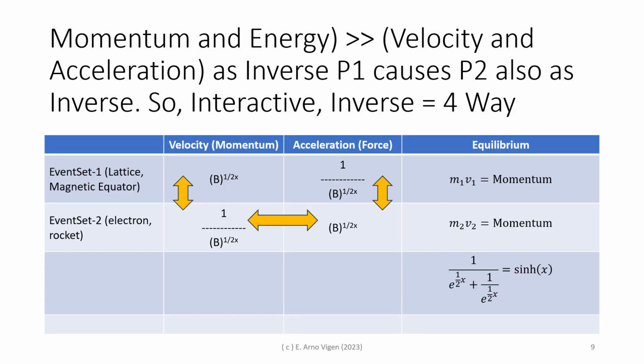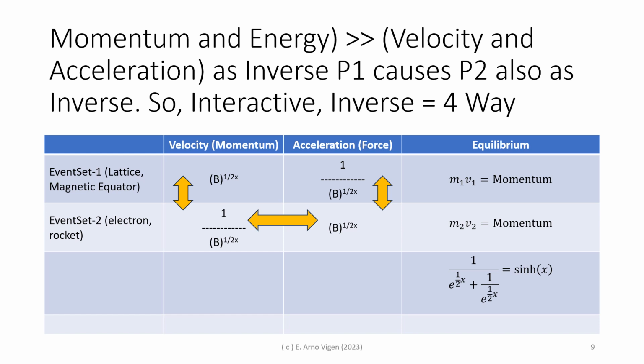Now, we get this calculation. So in the end, I'm going to now take all of the e to the x functions, and we're going to think about this strange thing where velocity in the bottom here, say event set 2, is an inverse from velocity to acceleration. But then we also have the two particles or two objects interacting, and they also have this sort of inverse relationship.